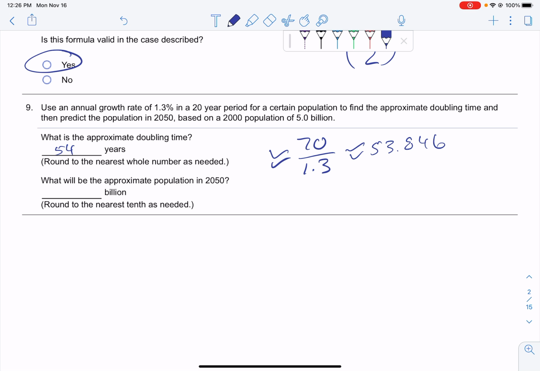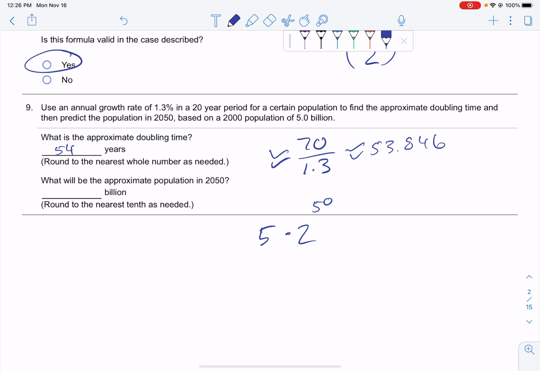Then predict the population in 2050 if we started at 5 billion. Okay, so I started at 5 billion. I am doubling, so I'm going to take 5 billion times 2 raised to the little t. Now my little t is, let's see, we're going from 2000 to 2050.